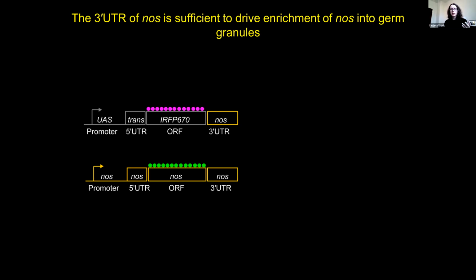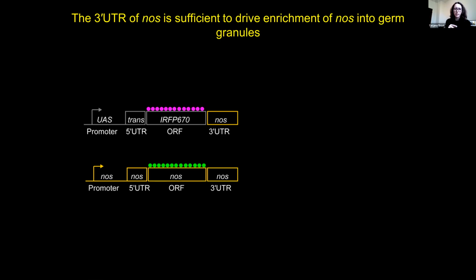So we thought that maybe features that are driving homotypic assembly of nanos in granules might also be encoded in the 3' UTR. We created chimeric mRNAs that were fused with the 3' UTR of nanos and were fused to the open reading frame of some foreign transcript, the ORF belonging to the far red protein.